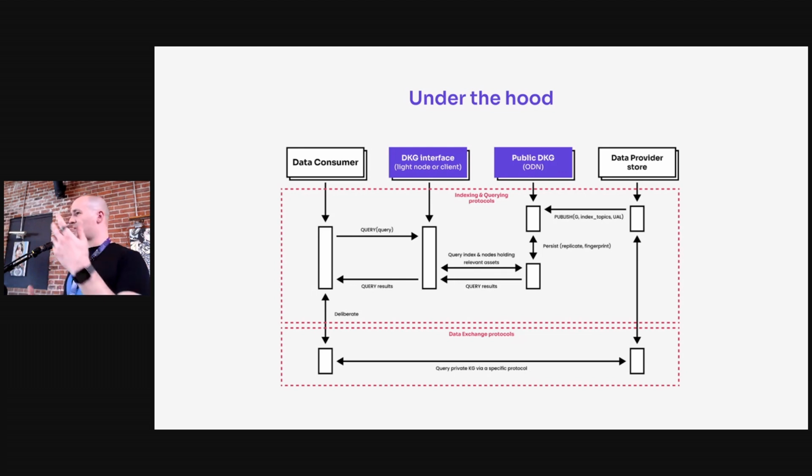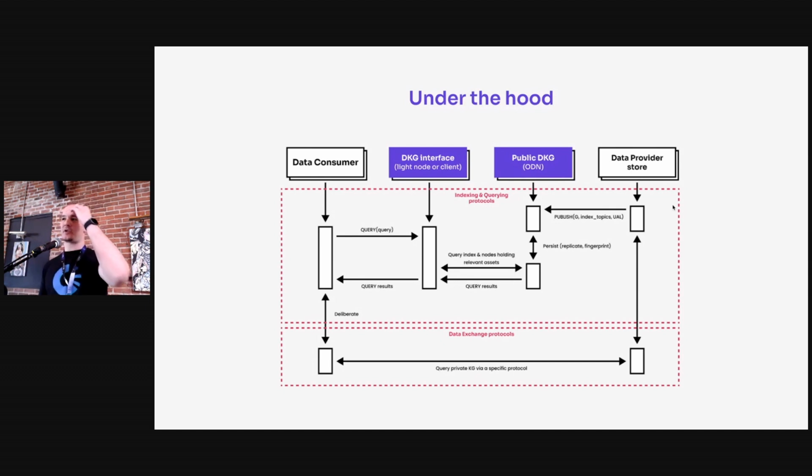On the other hand, there's some data consumer, somebody who's maybe doing the search query, or somebody they're selling the data to, who has some interface and reads it. And in this DKG sense, decentralized knowledge graph sense, this data consumer can do two things. If you see these red dotted dashed lines, the first block here is called indexing and querying protocols.